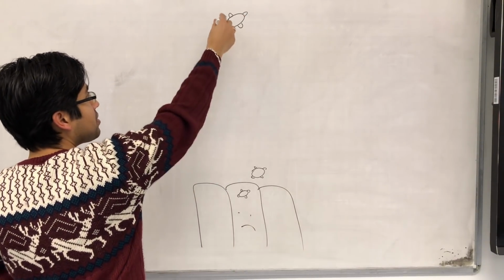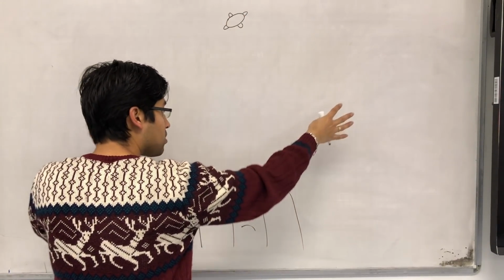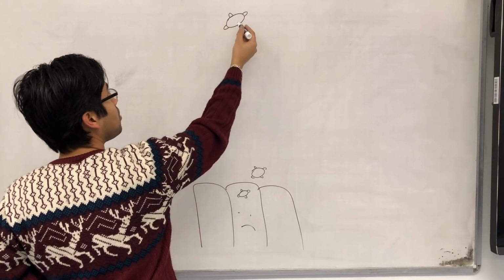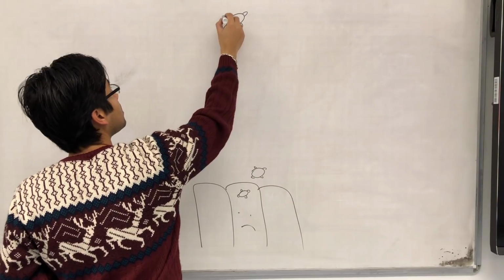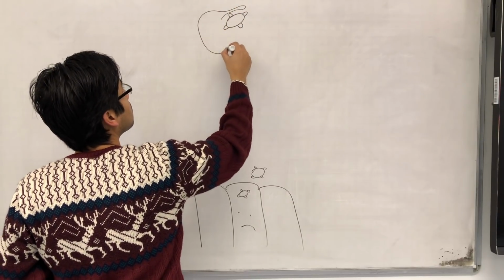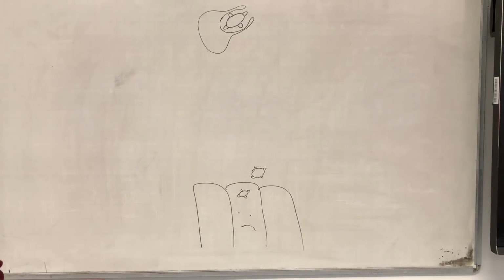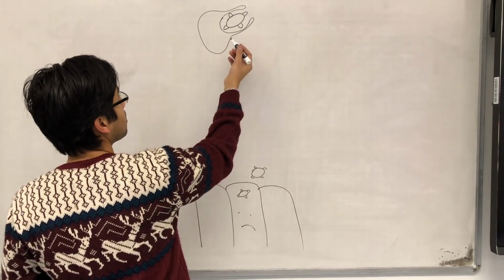Now, what is the sequence of events that leads to the activation of the B cells and the T cells? So the first thing is you have a pathogen and it is phagocytosed by a macrophage.